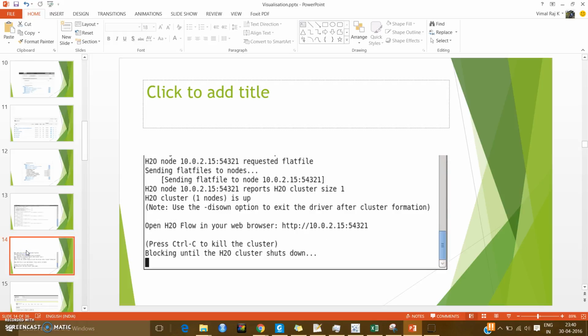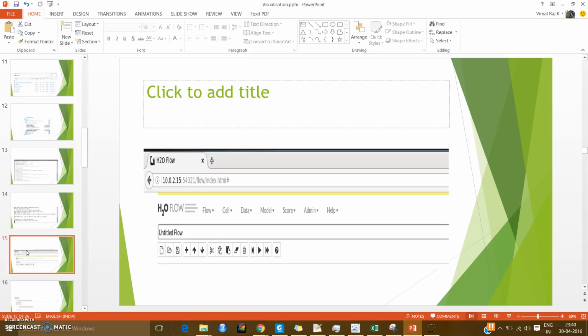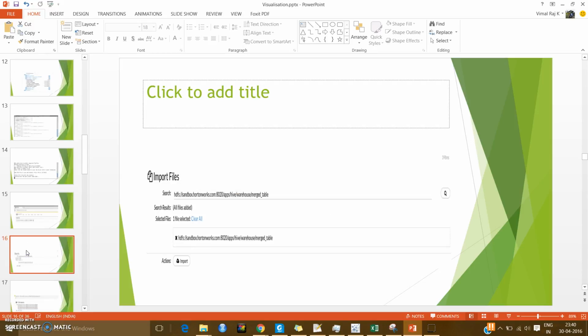I am starting H2O for predicting the loan amount, and to access H2O, I am using this URL which is given in the previous prompt. Initially I am loading my merge table that is present in my HDFS.